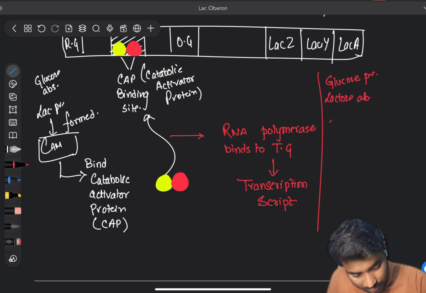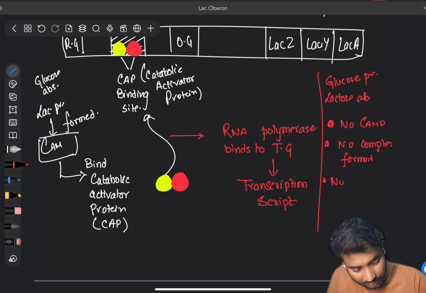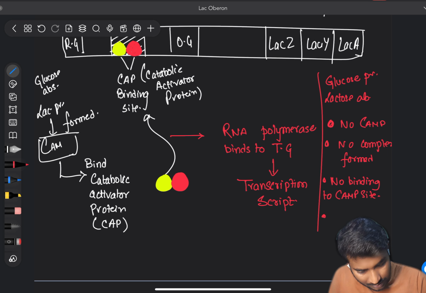If this is the case, no cAMP, no complex will form, no binding to the cAMP site, RNA polymerase not able to bind at the promoter gene, and hence no transcription.